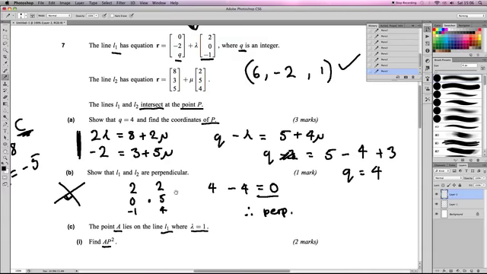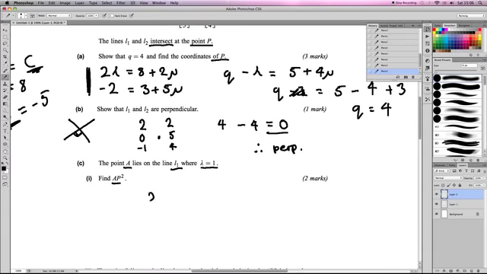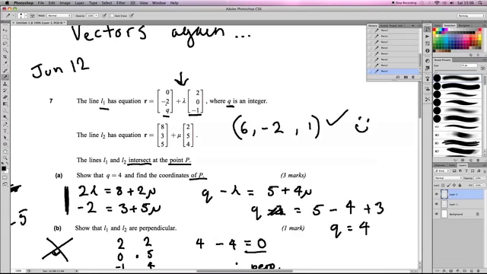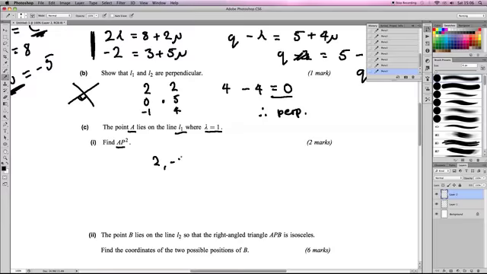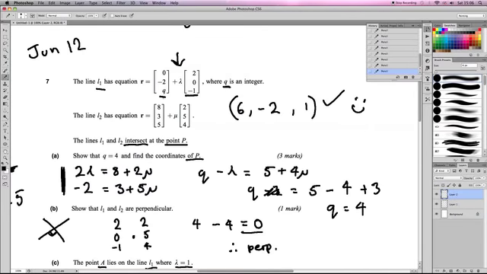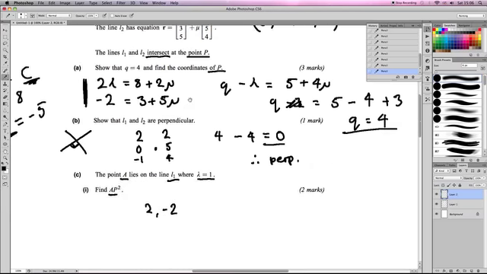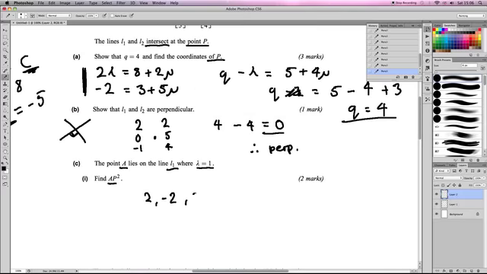So it'll be 0 plus 2, so 2. And then it will be minus 2 plus 0, so that will be minus 2. And then what's Q? Q is 4, so 4 minus 1, which is 3. So our point A is right there.